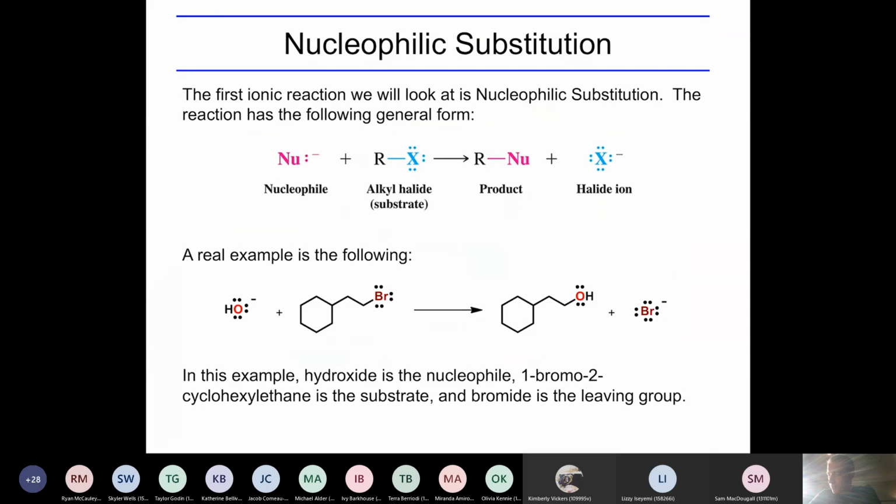So nucleophilic substitution, what this means is you have a substrate, which is normally an alkyl halide. Not always, but normally an alkyl halide. So R is just some carbon group, like here's an example over here. We have a molecule, it's just a carbon backbone, and on the end it has the bromine. So we're going to think of that carbon as being like the parking space. And currently parked in that space is a bromine atom.